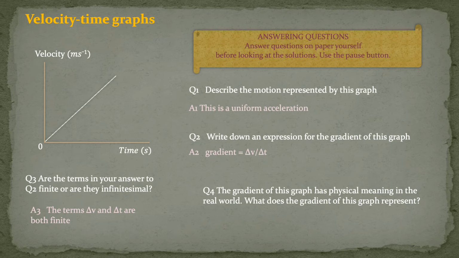And question 4. The gradient of this graph has physical meaning in the real world. You're all familiar with the mathematical definition of gradient, but in physics, the gradients of graphs of physical quantities often have real physical meaning in the real world. What does the gradient of this graph represent?